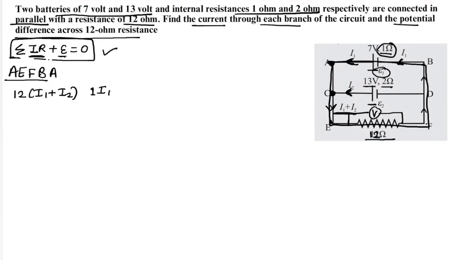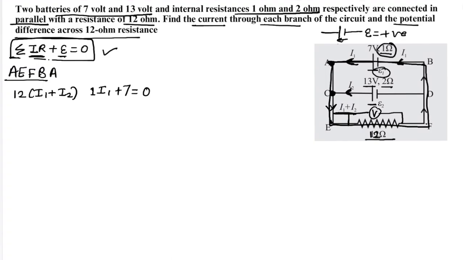Now the second term, that is electromotive force. For this loop, the battery used here is of 7 volt, and according to the rule, within the source, if the direction of loop is from negative terminal to the positive terminal, EMF will be taken as positive. So it will be 7 volt, and the sum is equal to 0.